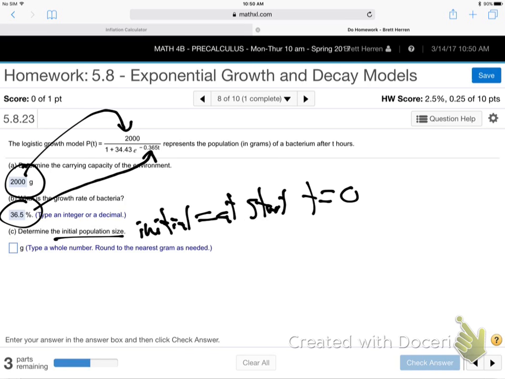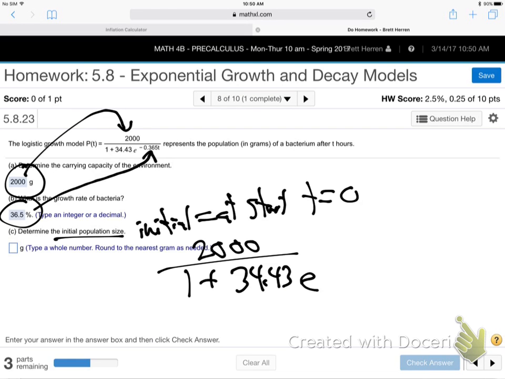Whenever they say in any word problem, math, chemistry, physics, whatever, initial, you go time 0. So just take that little formula, 2000 over 1 plus 34.43 e to the 0. Just plug in 0 for t, 0 times 0.34 is 0. And that's just 1, so it's 2000 over 35.43, whatever your calculator says that is, right?